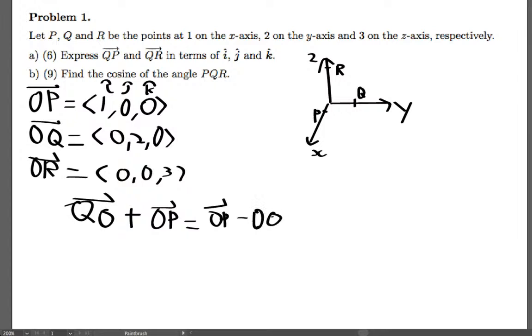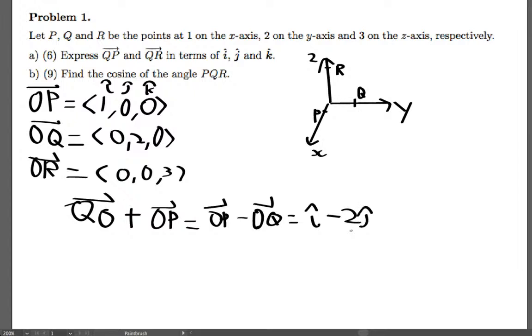This would equal 1, -2, 0. So OP here is i, and OQ is 2j, so it's i minus 2j. Simple. That would be the vector.